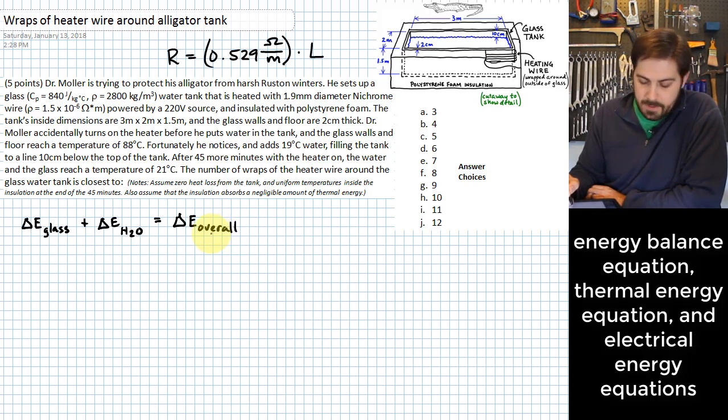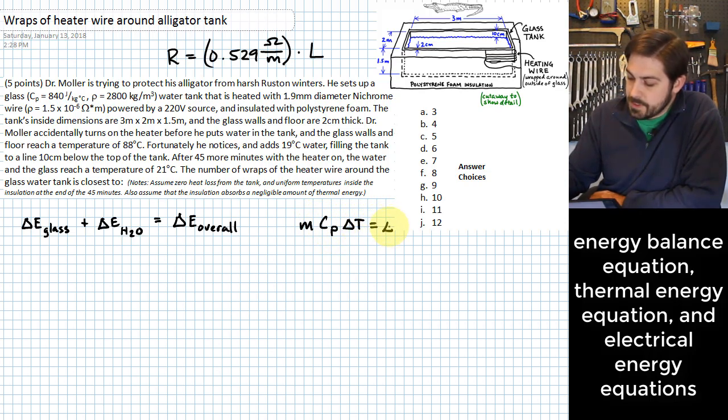All right, and I'll remind us here, the equation we have for thermal energy: mass times the specific heat times our change in temperature is equal to the change in thermal energy. Okay, we'll keep that in mind. We'll also keep in mind that electrical energy can be expressed in a number of different ways, but it's basically power times time.